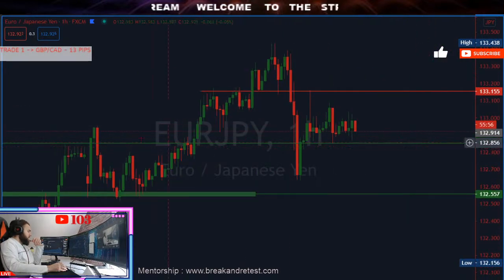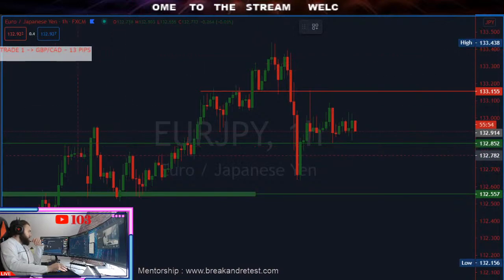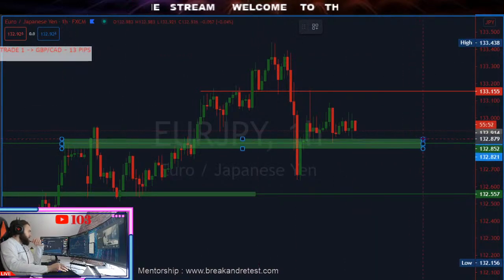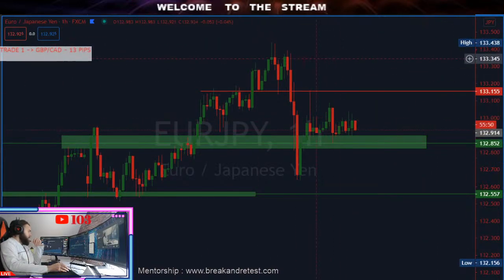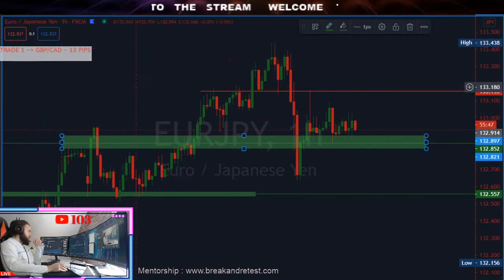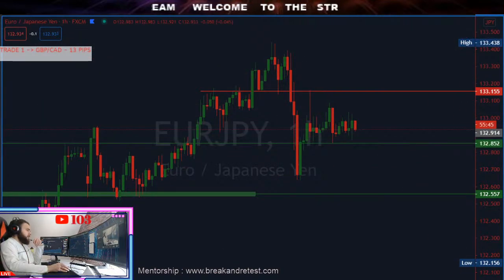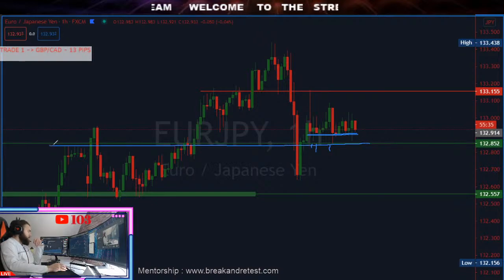EJ on the other side here, there's a lot of rejections happening on this level. Now you can see where we're having plenty of rejections, right? All these wicks, all these candles closing at this zone, and then you see the wicks rejecting from a lower zone.